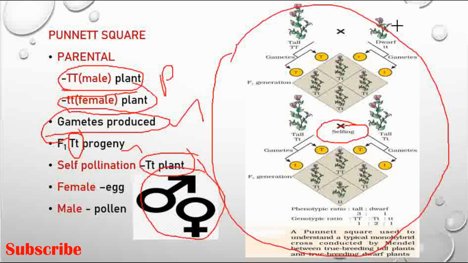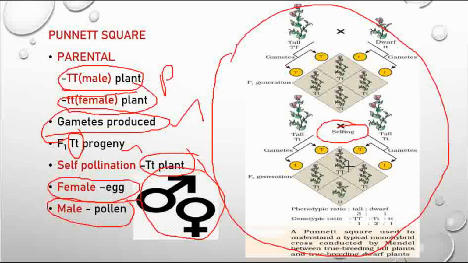We haven't talked about the symbols yet, but here the symbols are used to denote the female and the male plants. Female is the egg and male is the pollen, right, in the case of plants. This symbol is used in this Punnett square method to denote the male and the female plants.